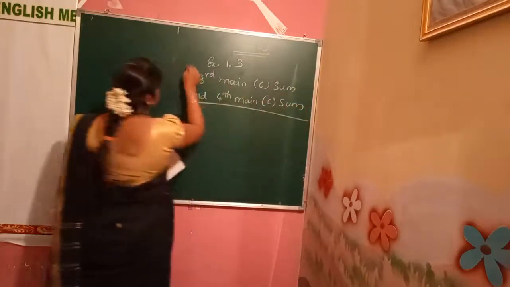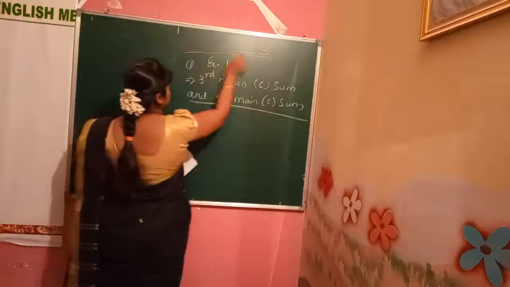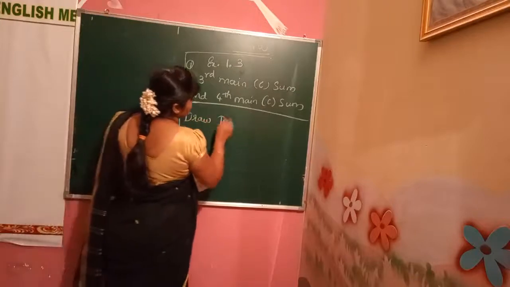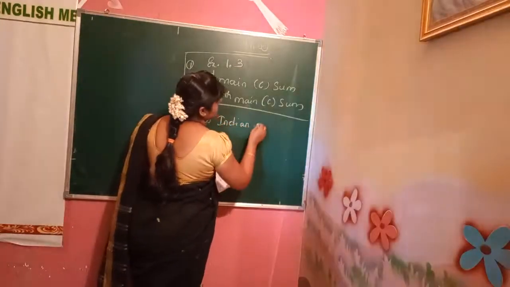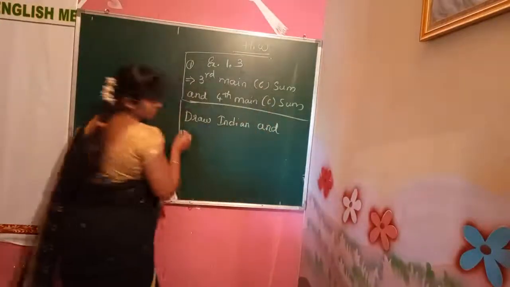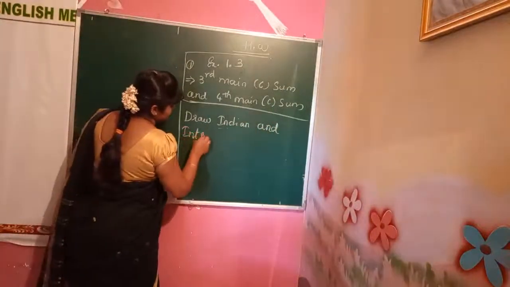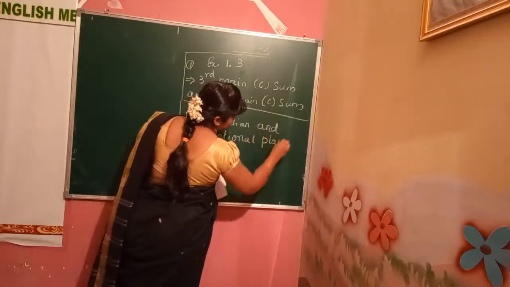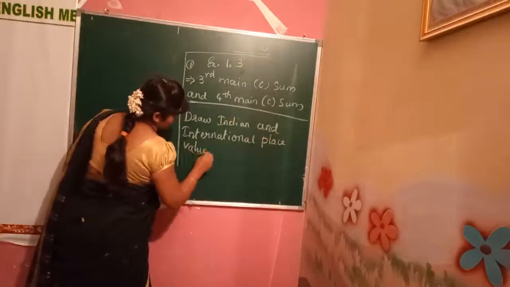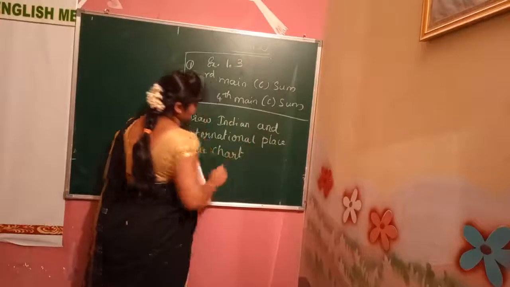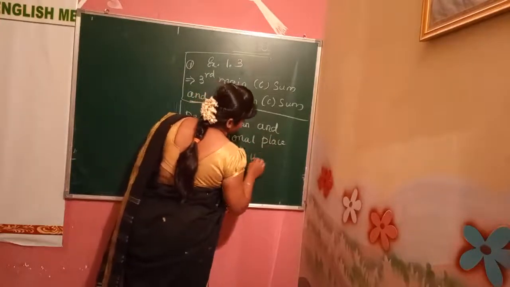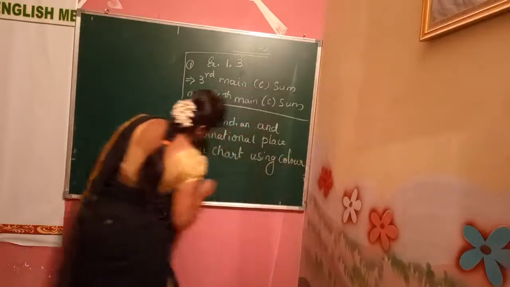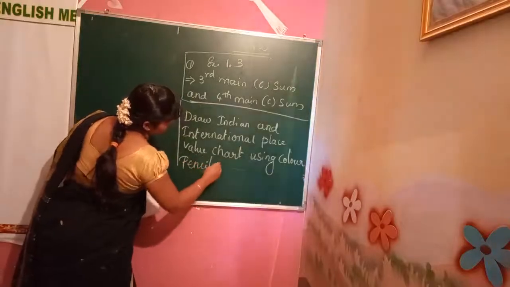This is the first homework, and one more homework is to draw the Indian and international place value chart using color. This is an activity for you.